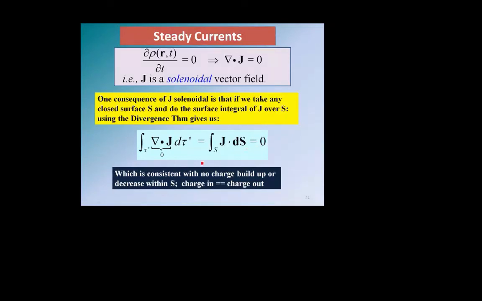This is consistent with no charge buildup. So there's no charge built up or decrease within the surface S. So we come back to the statement charge in is equal to charge out. So I just wanted to make the loop for the case where we have this solenoidal condition.